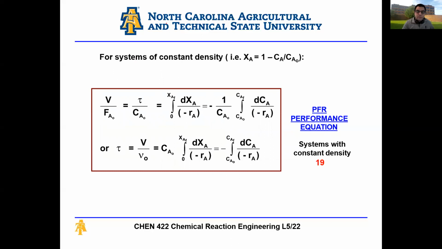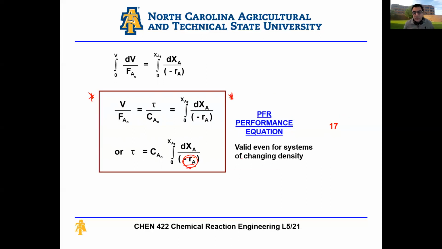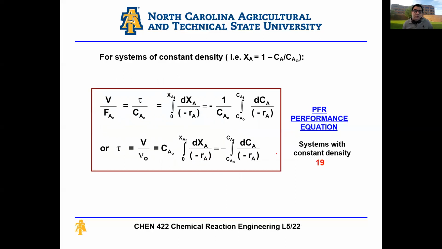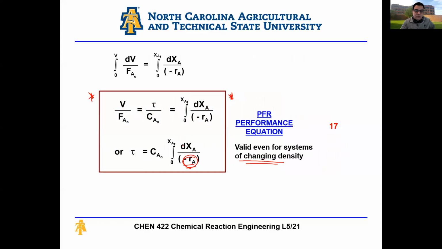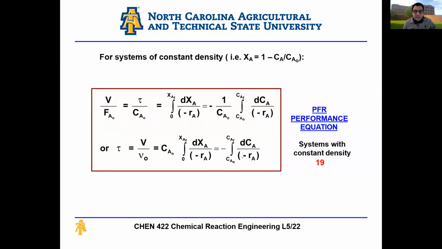And so this is valid for systems of changing densities. If you want to specialize it for systems of constant density, then you can always rearrange it and use this expression, right? They're very similar, but the only difference between this and the previous slide is that now I have an expression in terms of concentration as well.